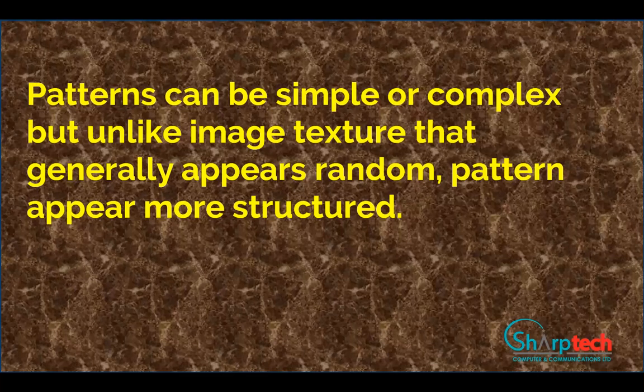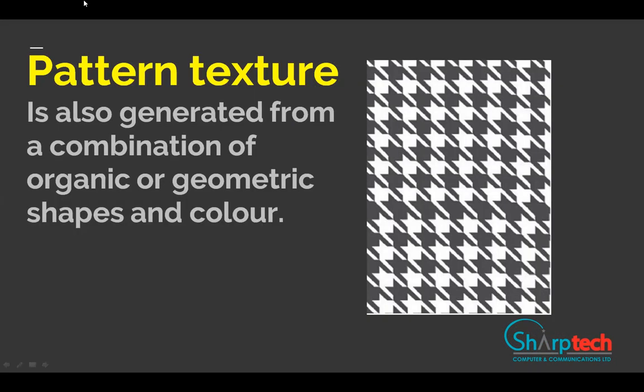But unlike image texture, that generally appears random, pattern texture appears more structured. When you look at this one, you really see that it appears more structured because you are even able to recognize that there is one shape which is repeating.